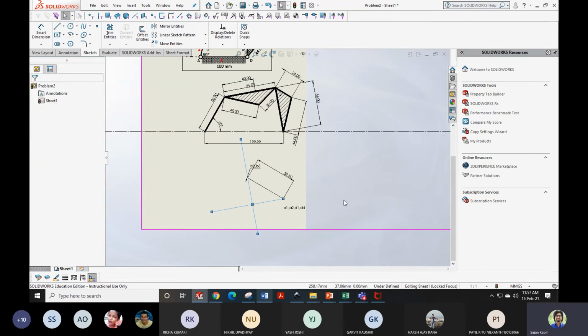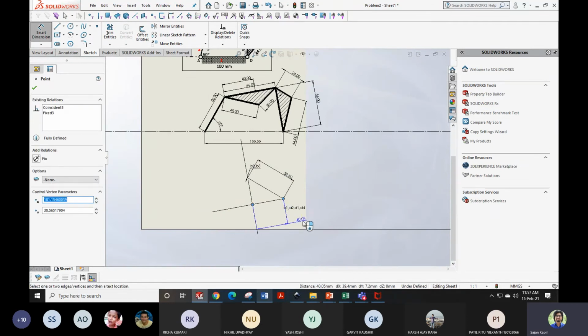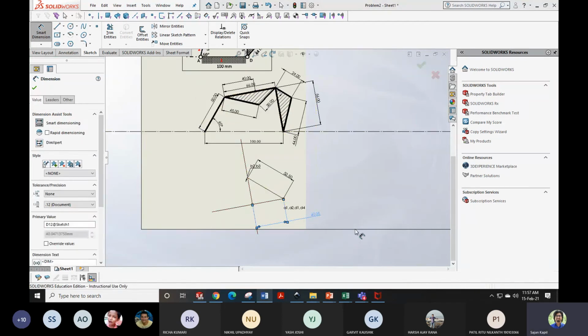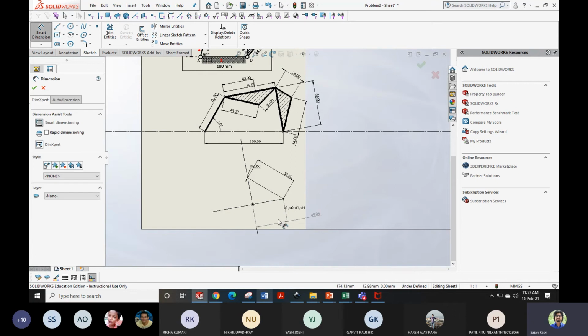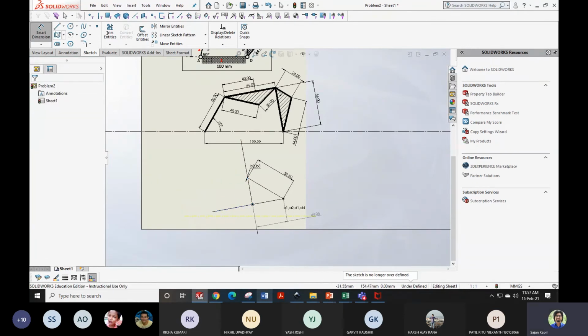You can easily find the dimension from here to here, and this is going to be a driven dimension. It is 40.05. That is the velocity of point C with respect to ground. The velocity of C with respect to B, I can also find out. That will be this distance basically, and it is 33.